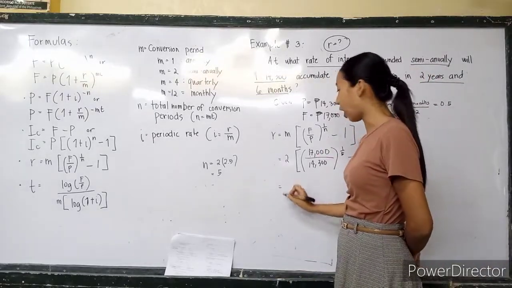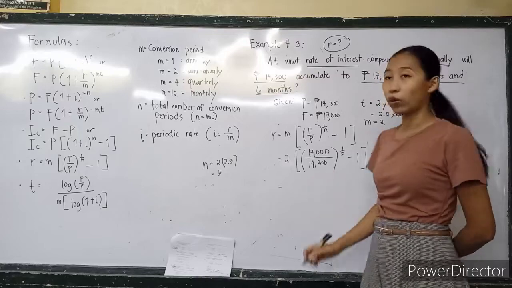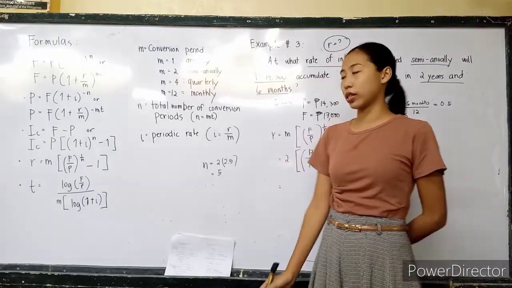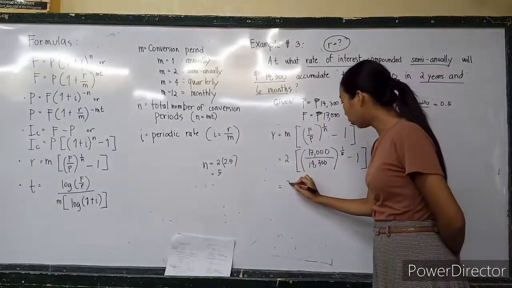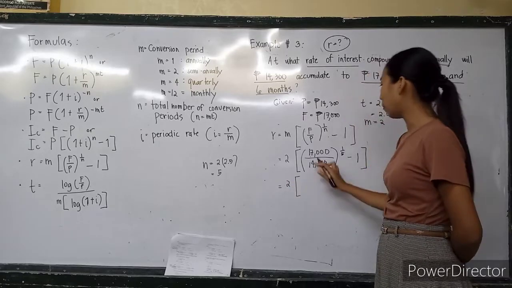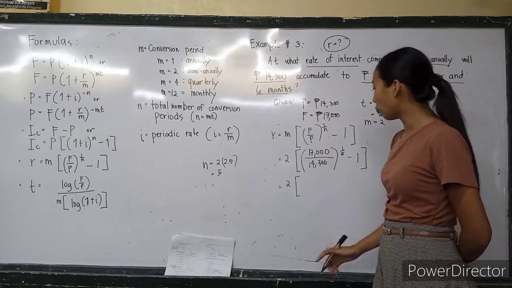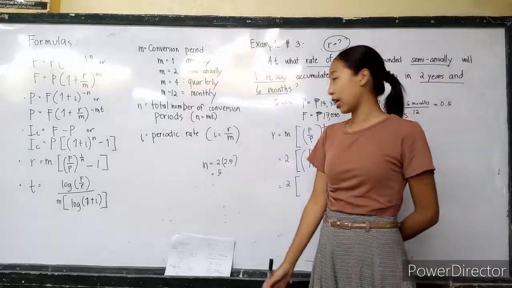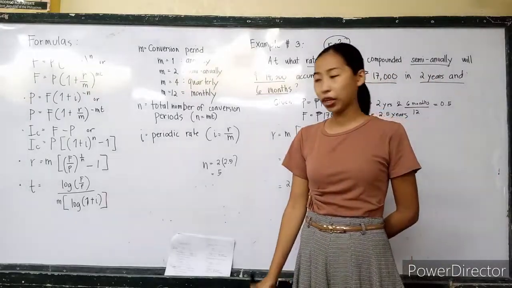So, ato ni siya isa-isahon. Unahan na ito ang nasusunod sa imuhang parentheses. Okay? Unahan na ito. Okay? So, 2, copy lang siya, bracket. And then 70,000 over or divided by 14,300. Use your calculator.